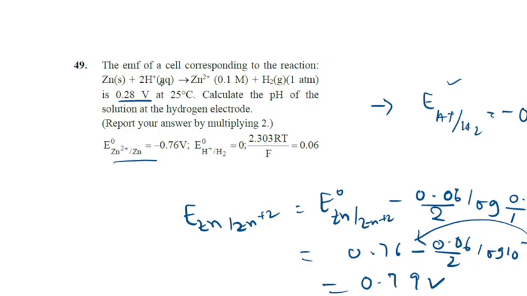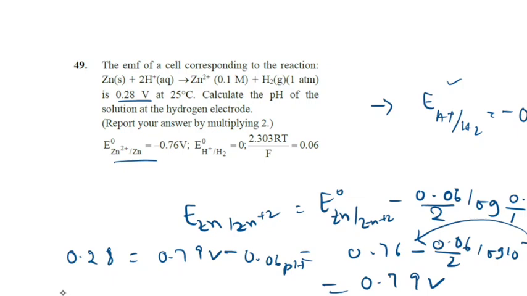So for the total reaction, the total electrode potential is 0.28, which we get by subtracting E Zn by Zn plus 2, which is nothing but 0.79 volts, and this E H plus, that is nothing but minus 0.06 pH.